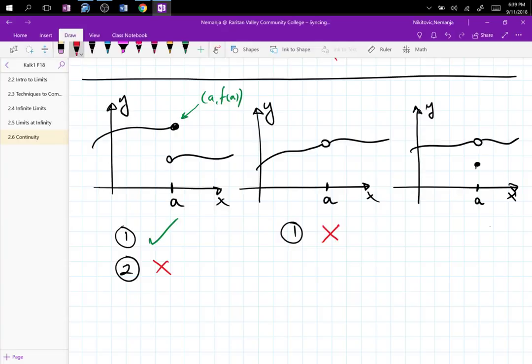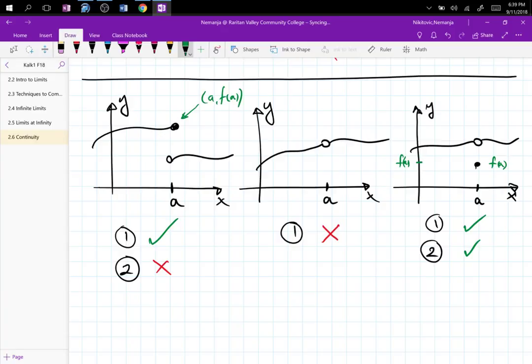All right, so let's add the dot. I added the dot. Did I fix it? Well, obviously not. If I am to drive on this bridge, I'm still going to go through the hole. So what fails here? Third rule. The black dot is your f of A, so it passes that. Rule number 2, limit.